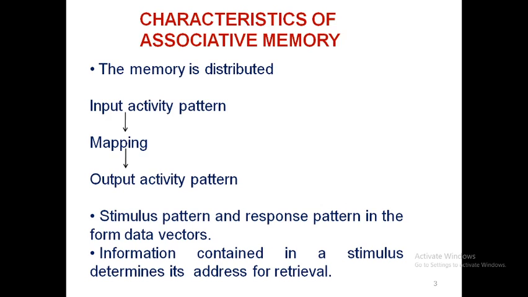So that's a difference between the computer and the human brain. There are a few characteristics of this associative memory. Associative memory means that with some association, if you are able to memorize the things, then it will store for long term.